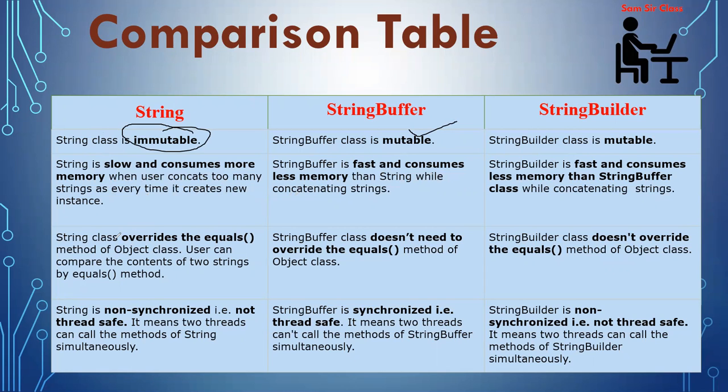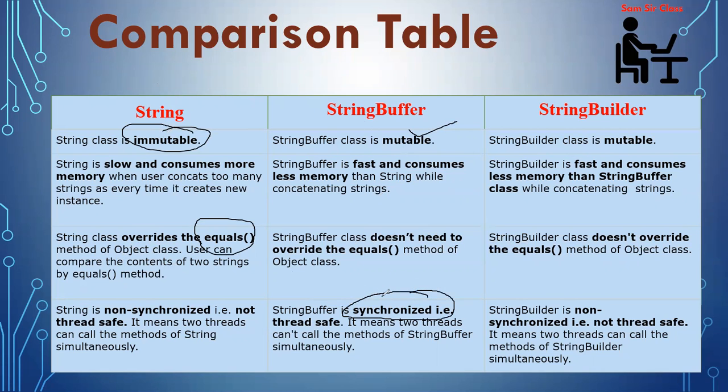Now, in the previous string comparison video, we used the equals method and overrode it to compare two strings, but that is not required in the case of the StringBuilder and StringBuffer classes. Now the most important concept here: StringBuffer is synchronized.